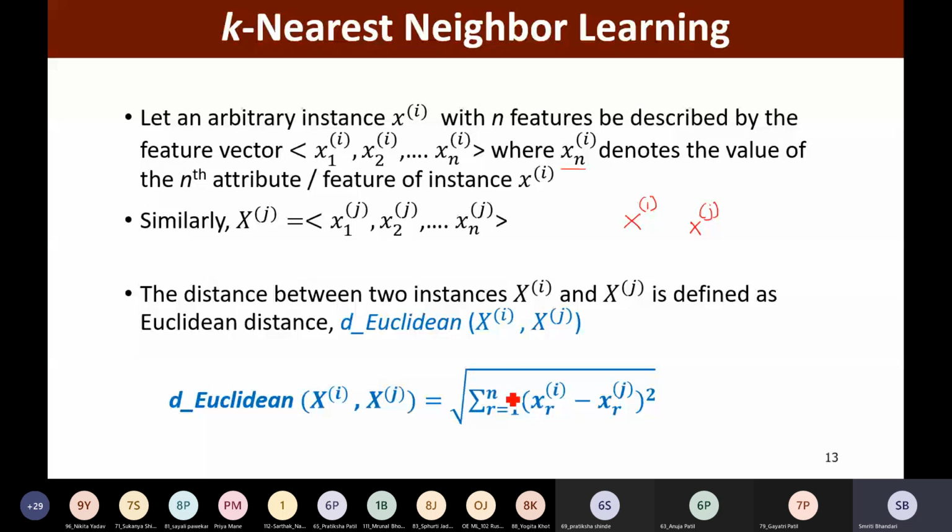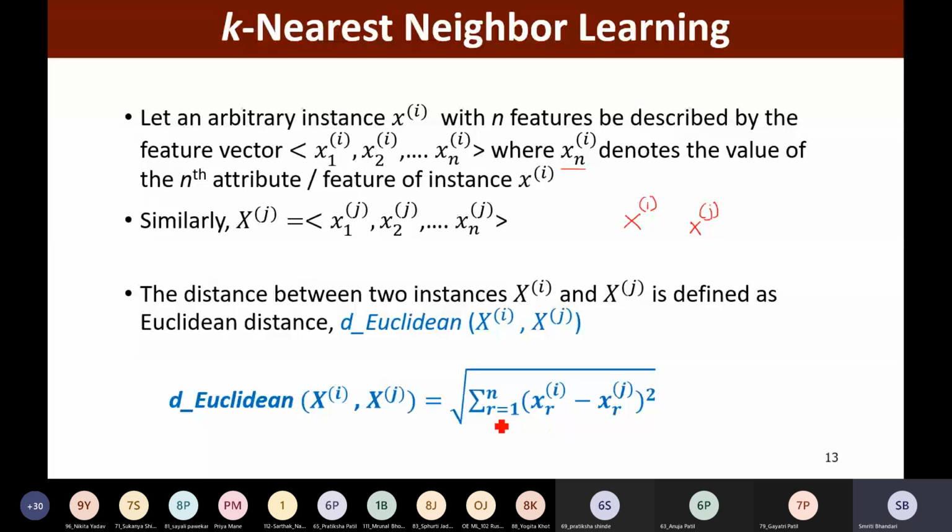Simply, we are going to find the squared difference between the respective features in both instances, the ith instance and the jth instance, for the respective feature xr from both.